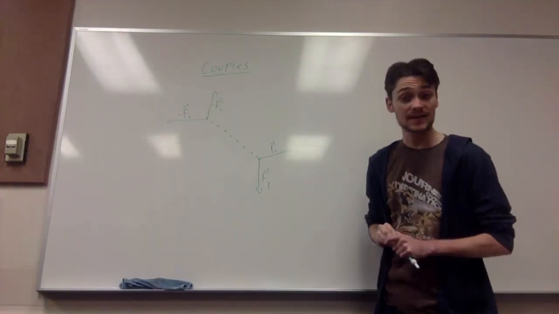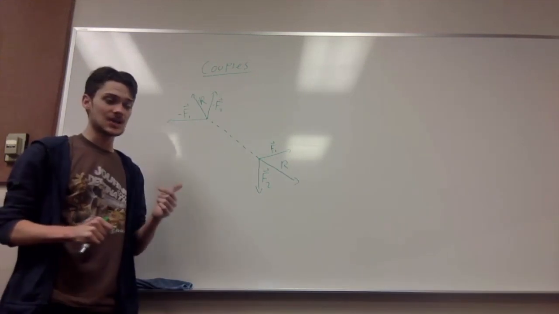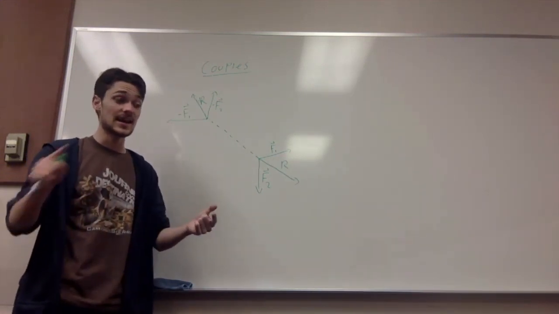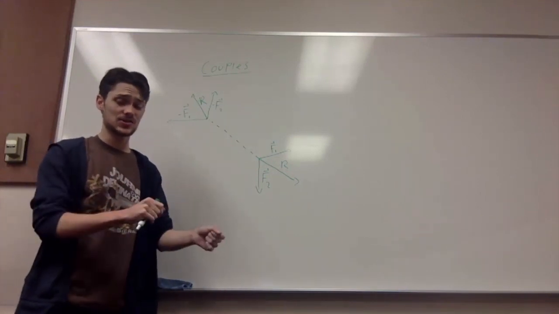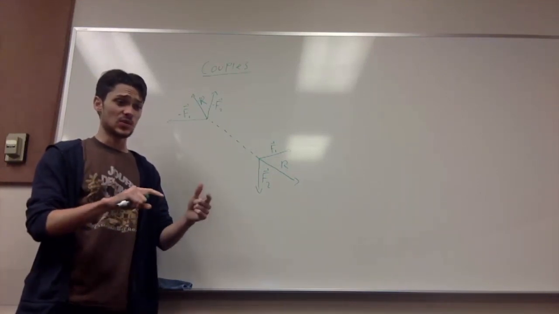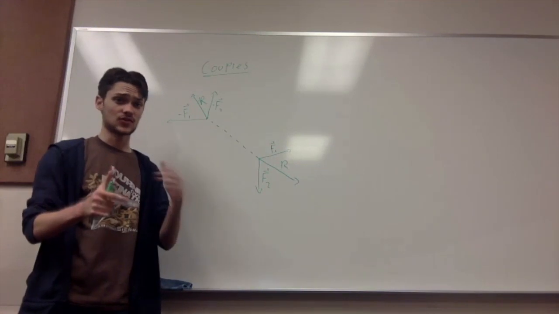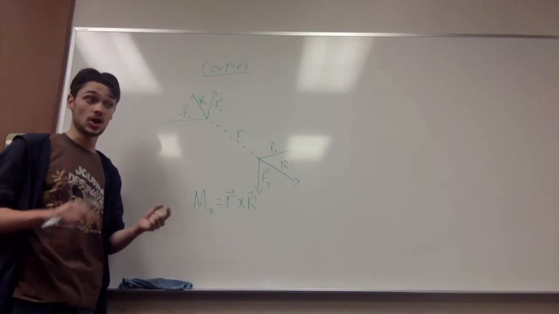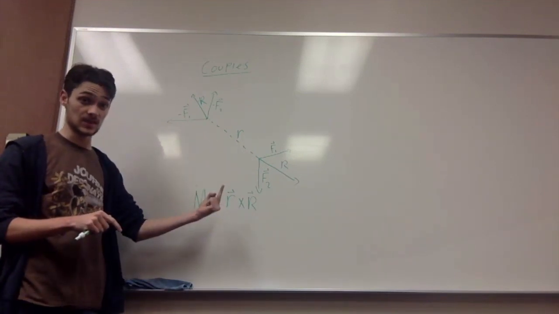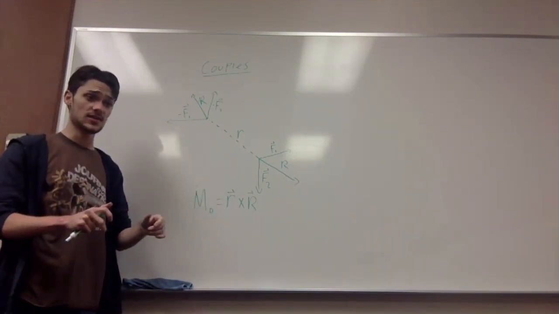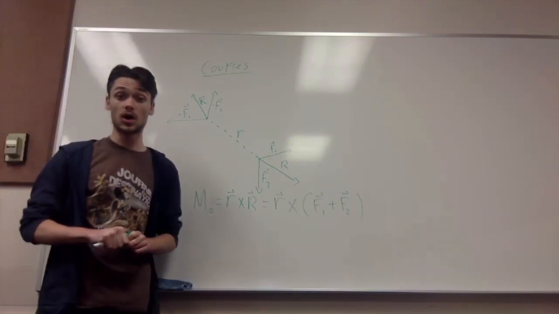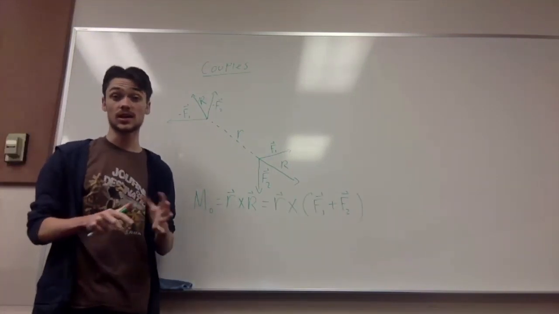We can also add a system of couples together. If we imagine that negative F1 and F1 are on the same plane, and negative F2 and F2 are on the same plane, then we will get a resultant couple after we add them together. The moment generated by the resultant couple will be r, the distance in between the points of application, crossed with the magnitude of one of the couples, which is going to equal r cross (F1 plus F2).